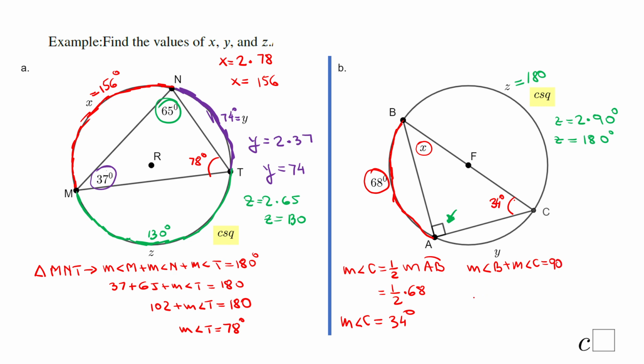They are complementary, so we're going to have x plus 34 equals 90, and for finding x we're going to subtract 34, and we have 90 minus 34, and that will be 56. So we have x, which was the measure of angle B, this one, it's 56.